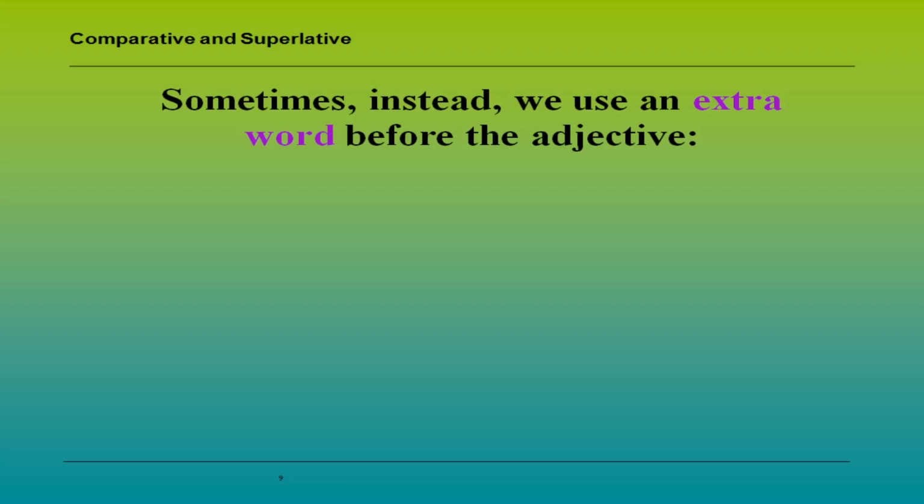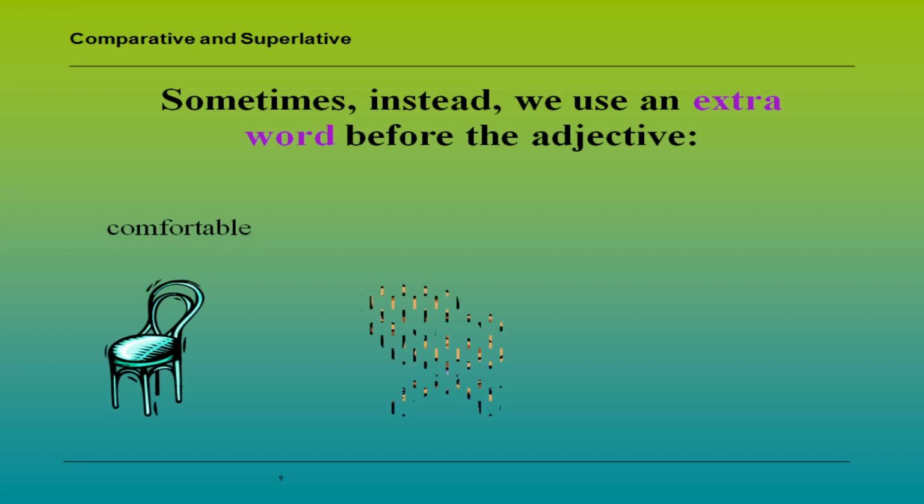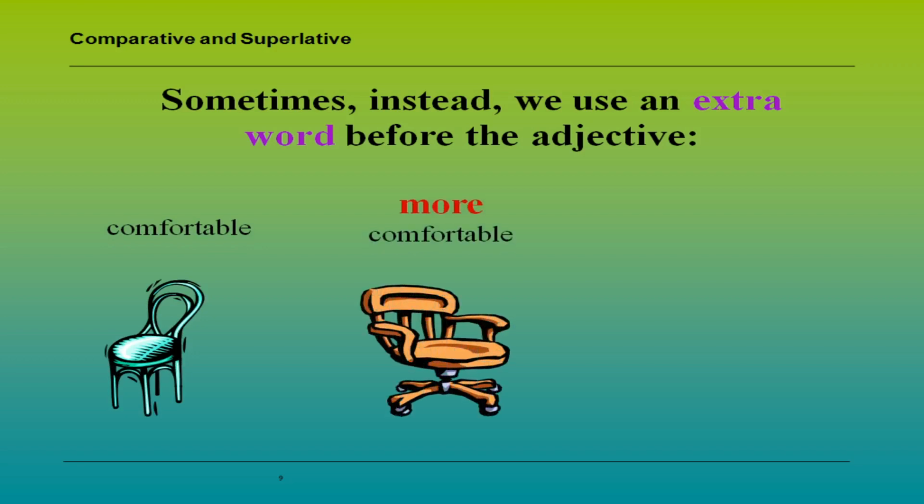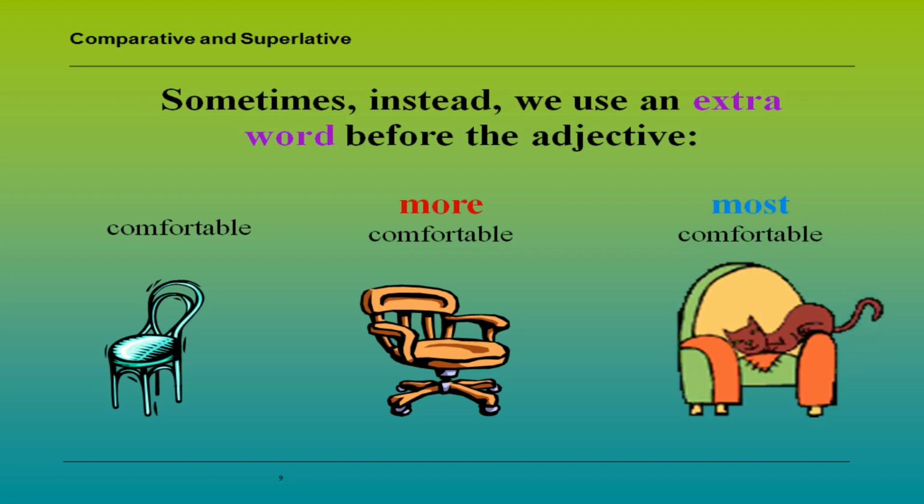Sometimes instead we use an extra word before the adjective. Comfortable, more comfortable, then most comfortable. Positive form is comfortable, comparative form is more comfortable, superlative form is most comfortable.